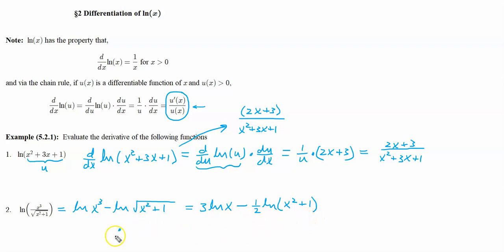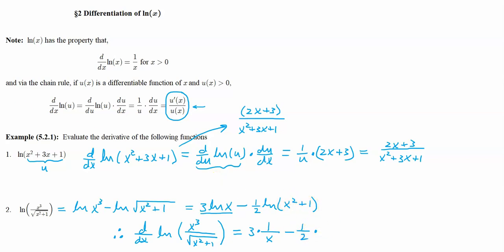So therefore the derivative of the function we want, well, that will just be the derivative of this term, which is just going to be 3 times 1 over x. And then the derivative of this term, we're going to have 1/2 times.